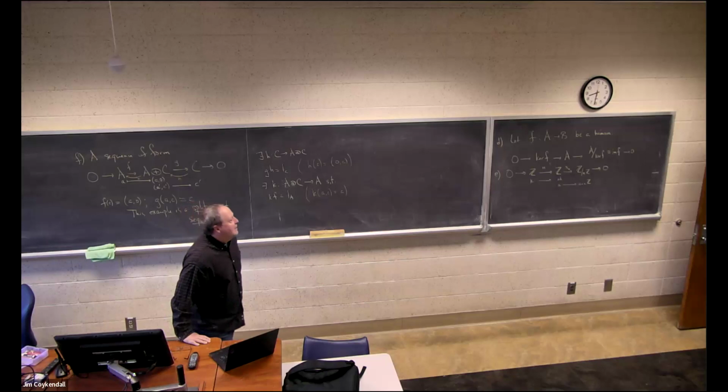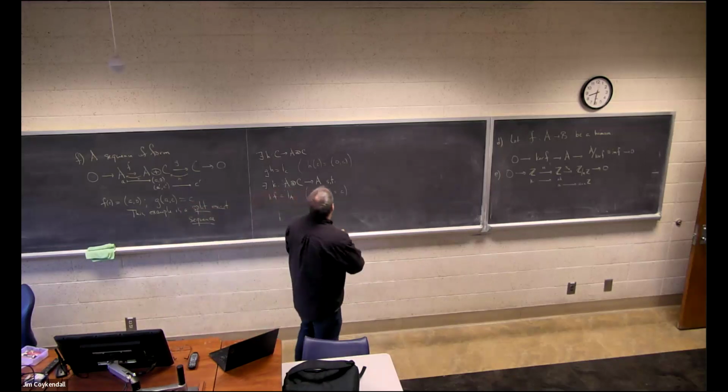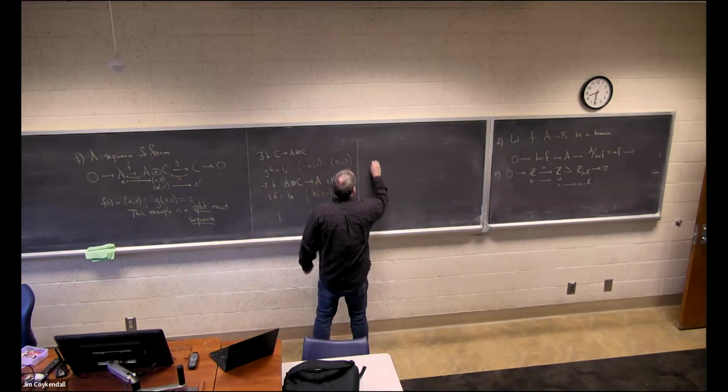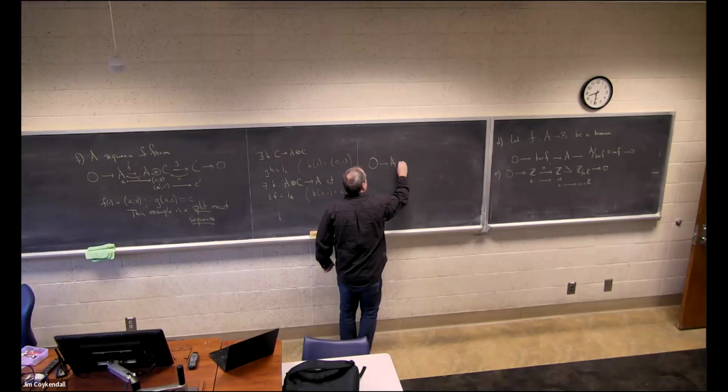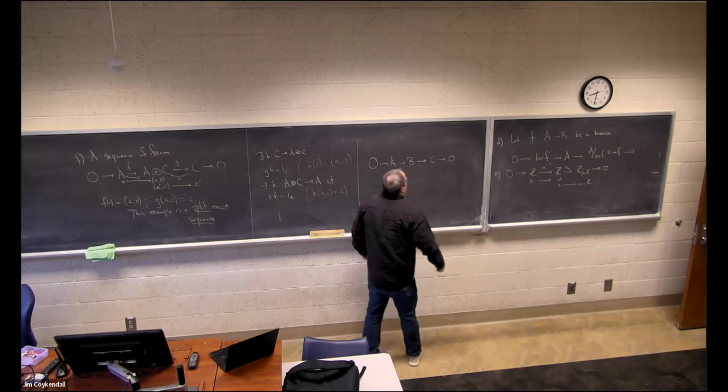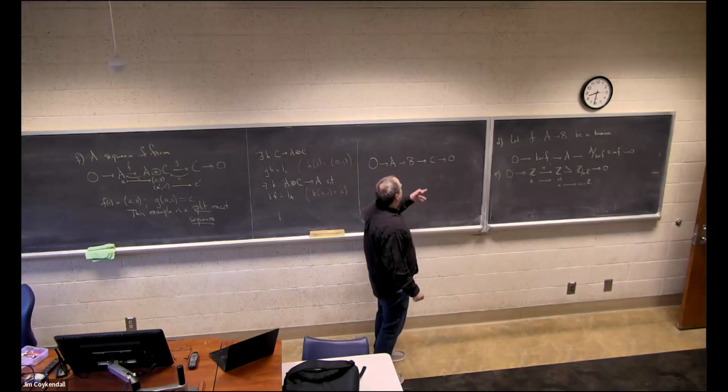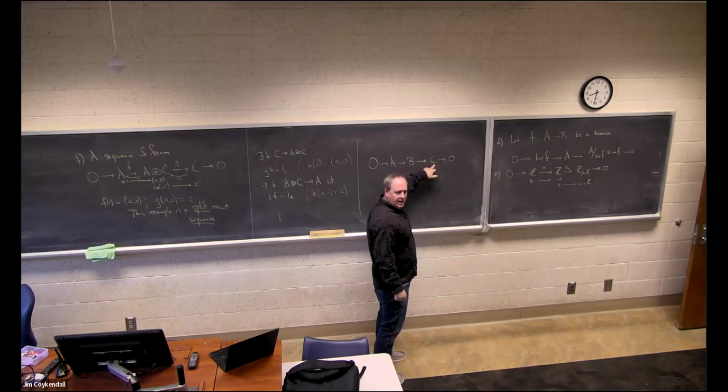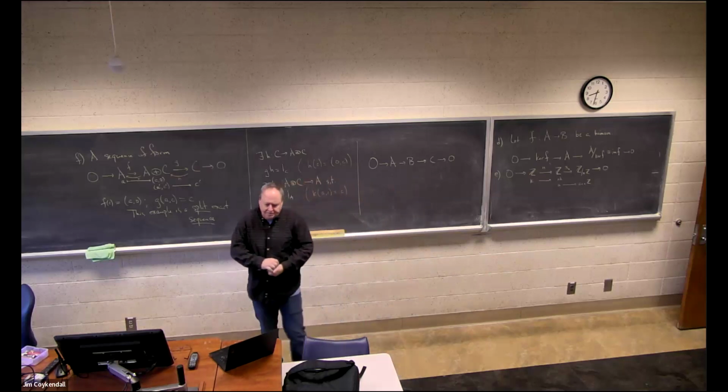Well, in general, here's the problem: when you have a short exact sequence, there may not even be a map that goes back here that makes any sense, other than the zero map, right? Because for example, if this is Z to Z mod 2Z, the only map that you've got going backwards is the zero map, all right?